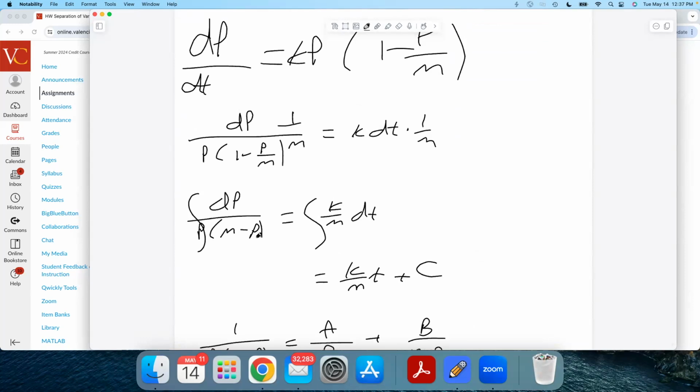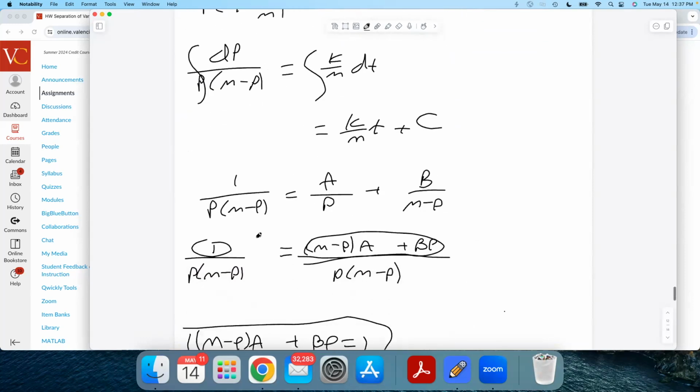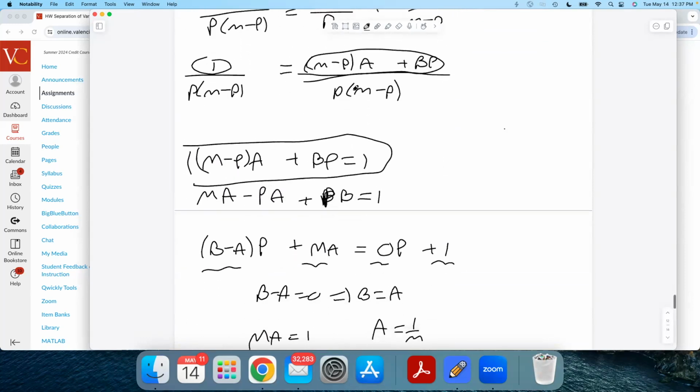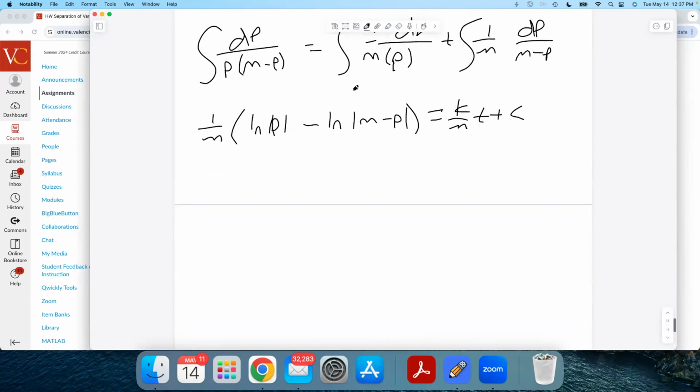Their partial fraction gets a little more complicated. But then all the work from here on out, they don't have to do this step I'm doing now. I'm going to multiply both sides by M. So we'll get natural log of P. I'm going to drop the absolute values because we don't need them. Will be K T plus C.